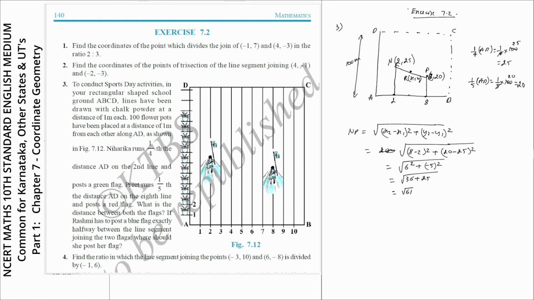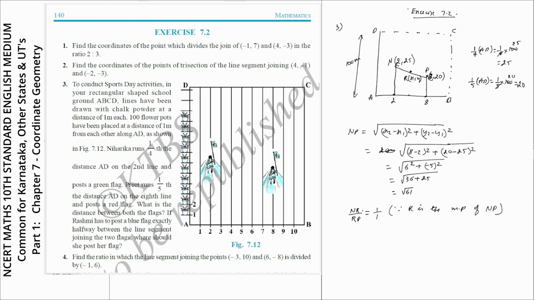Now since R is the midpoint of NP, NR by RP will be equal to 1:1, because R is the midpoint of NP.